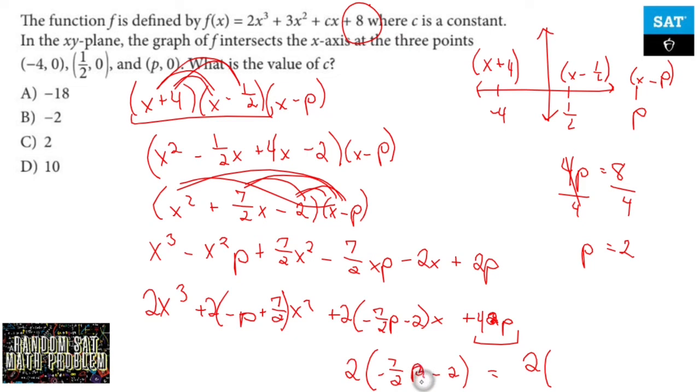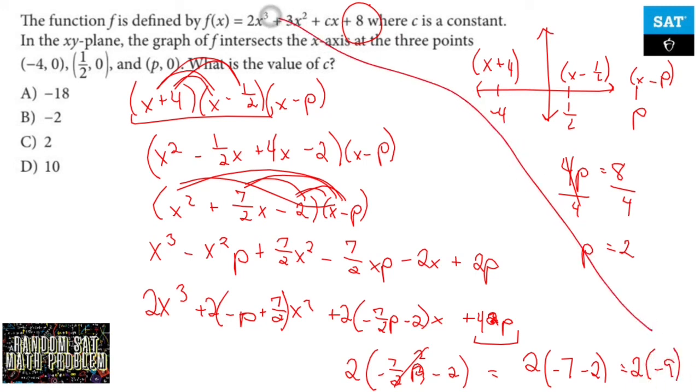That crosses out. That gives me negative 7 minus 2, which is negative 9 times 2, which after all of that is negative 18.